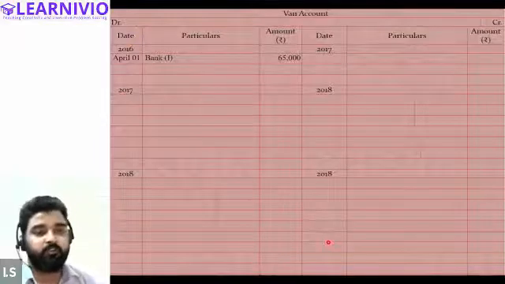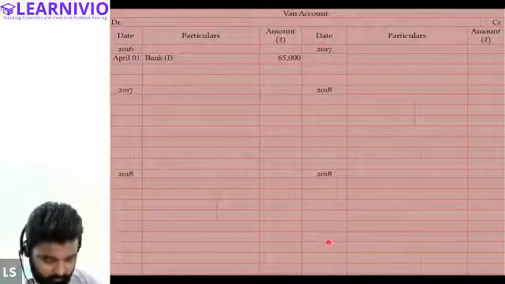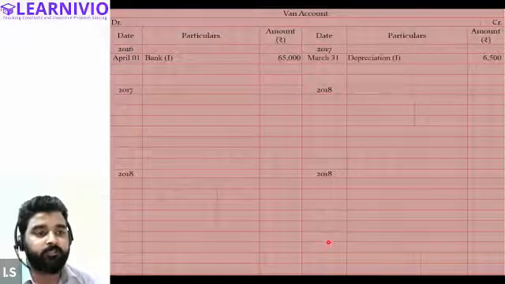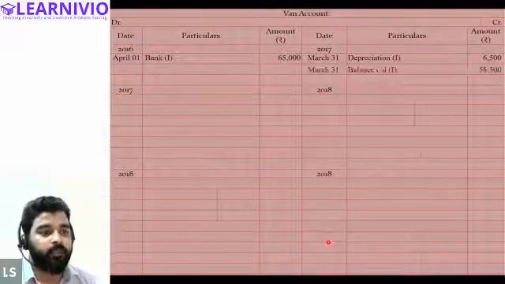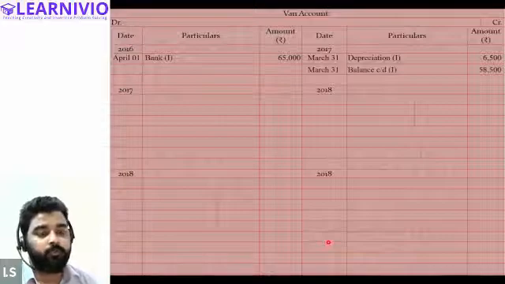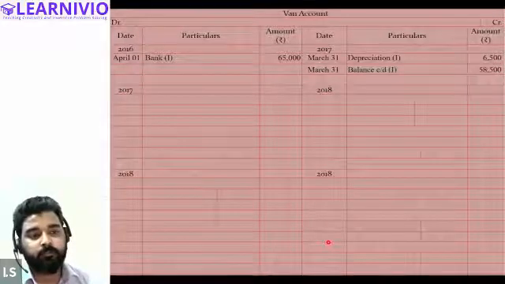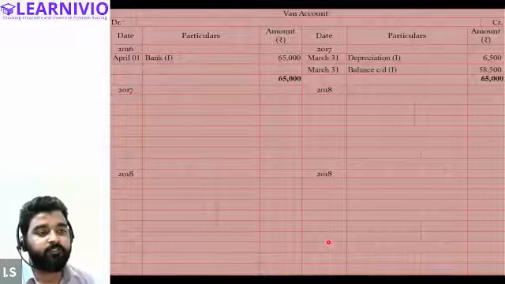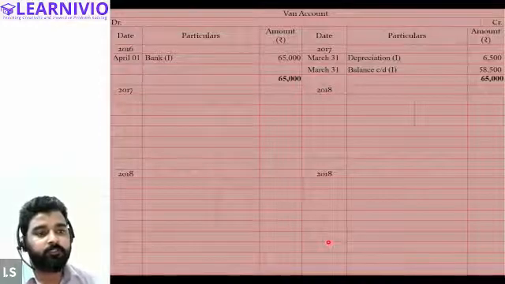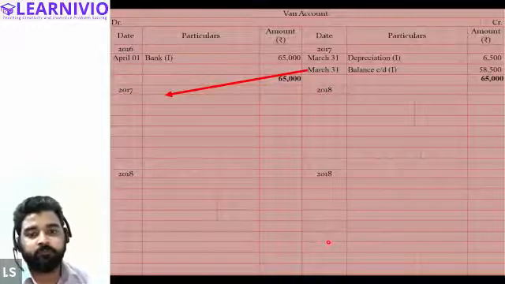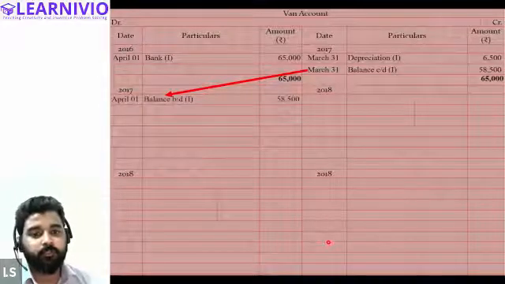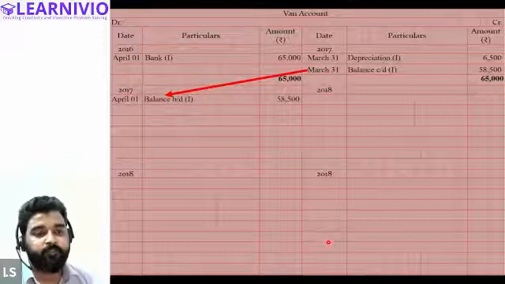For the first van, we will only charge the depreciation in this particular year, and this will be the closing value of the first year, and we will carry forward this to the next year. The balance will be carried to the next year, 2017, written as balance b/d 58,500.